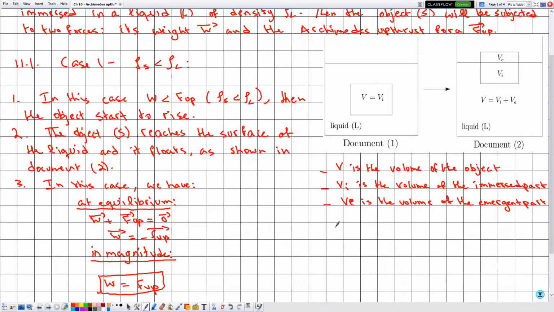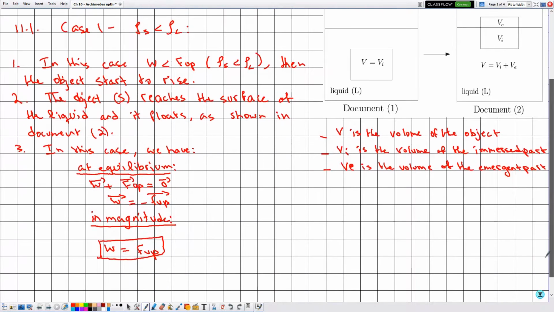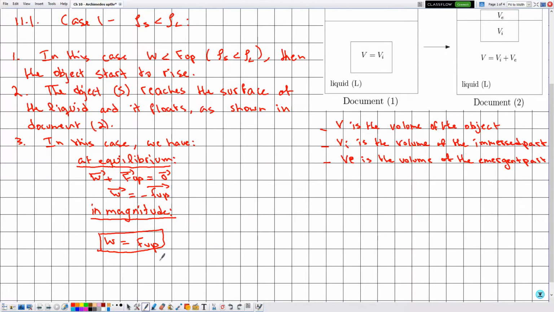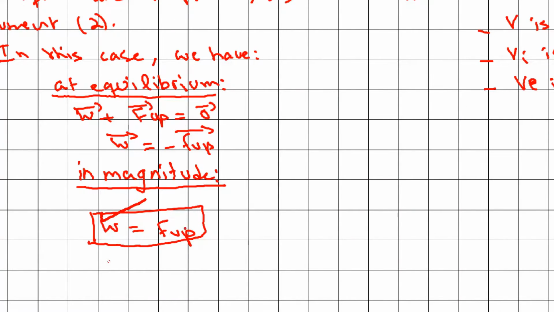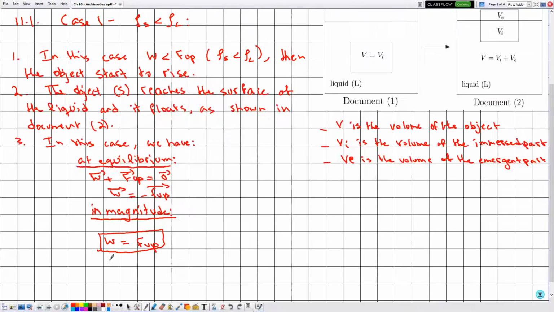Okay, so what do we benefit from this equation? This is a linear equation also. So if we know the value of W, we can determine the value of F upthrust, and vice versa. If we know the value of F upthrust, we can determine the value of W. And we have an explicit formula for both quantities. We know that the value of W is given by m multiplied by g.